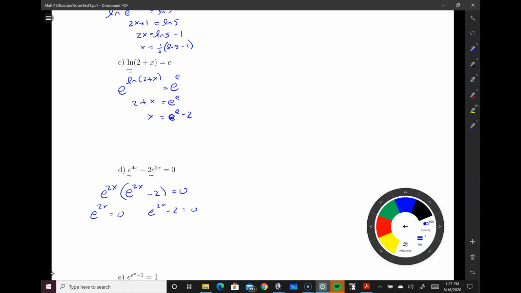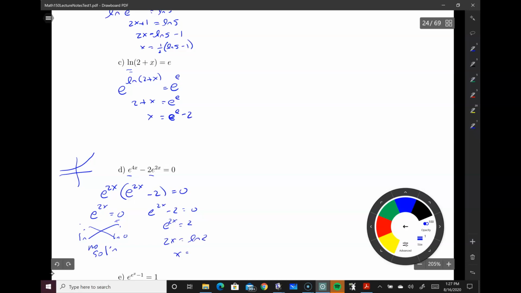You could think of the graph of e to the 2x, which would look something like this. It never has a y value of 0. If you tried to take the ln of both sides, you'd get ln of 0. So from here, you have no solution. From here, move the 2 over, take ln of both sides, and then divide through by 2.